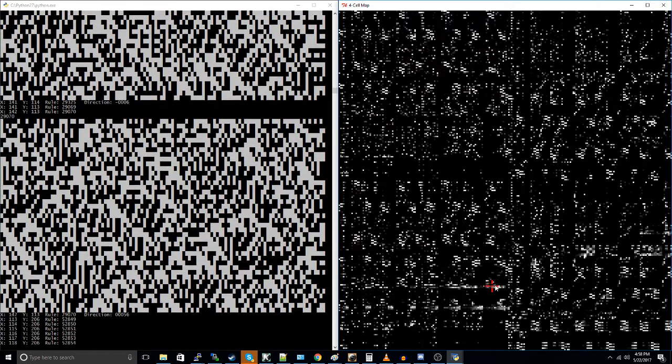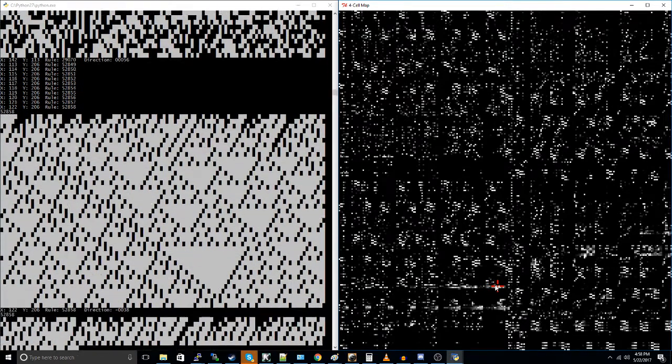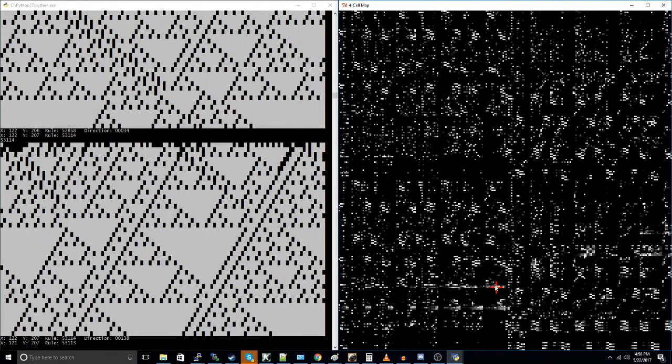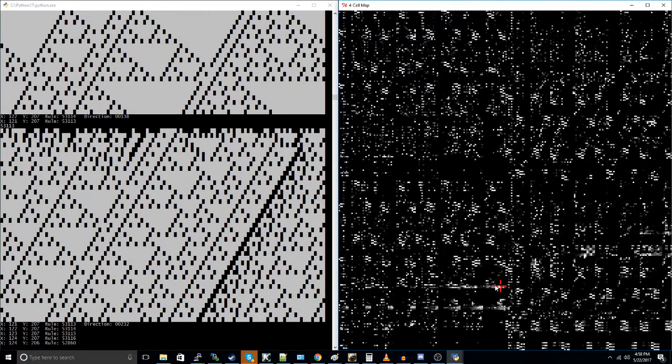Another thing that's interesting is down here you have some regions where you have these smeared out scores. And it's something about these triangle pyramid automations that they seem to be pretty robust to little changes.